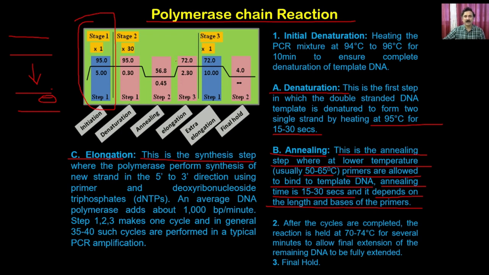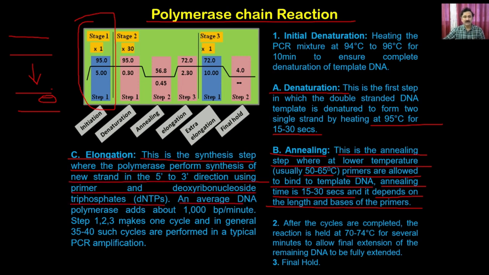So you have to bring the temperature high so that these two strands are not able to form the double helix, and in the meantime the enzyme will sit and start synthesizing the new strands of DNA utilizing the primers. So elongation is the synthesis step where the polymerase synthesizes the new strand in the 5' to 3' direction using the primer and the oligonucleotides you are going to add.